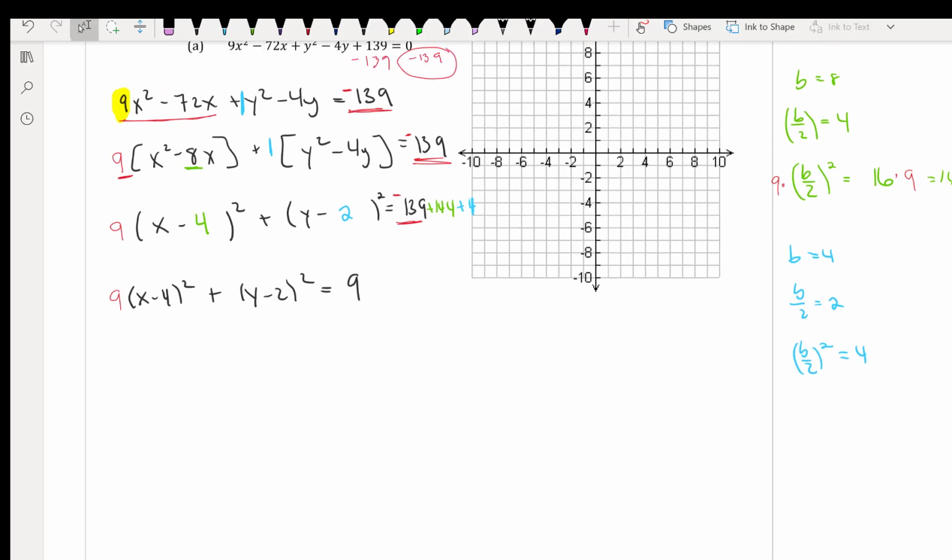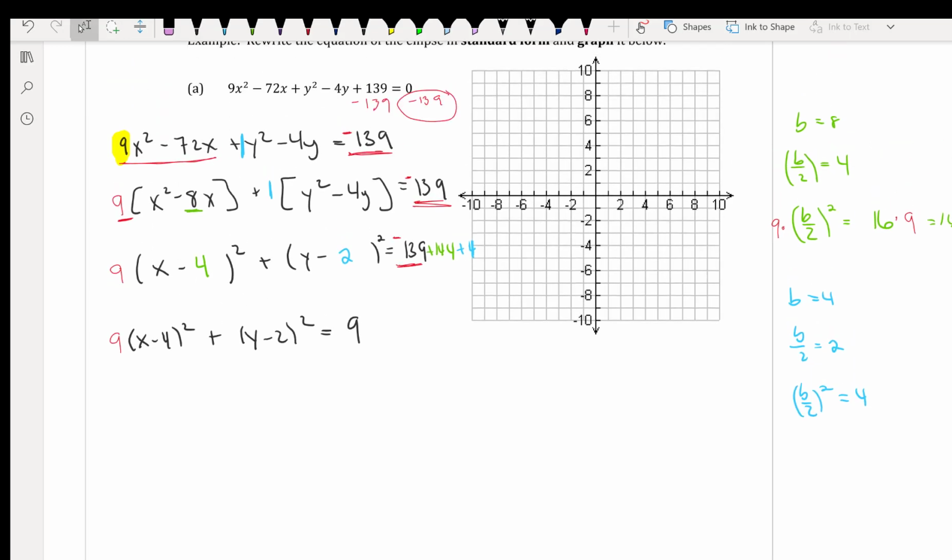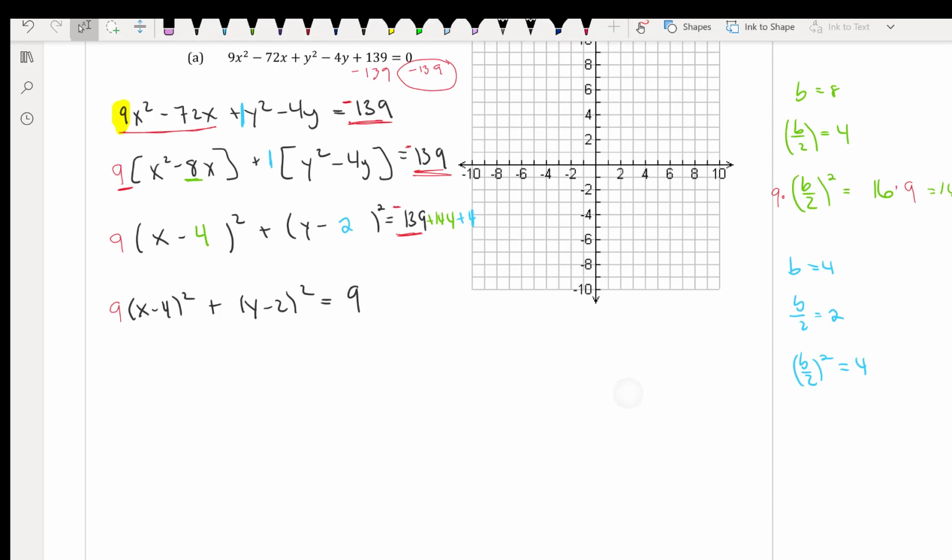So whenever you think something is weird, go back and check. This is what mathematicians do. They're not always going to get it right on the first try. So once you get something that's a little bit weird, go back and retrace your steps. Hopefully you wrote all your steps down so you can go back and check it. And remember that you always want it to equal 1.